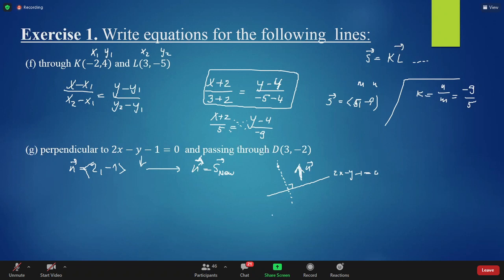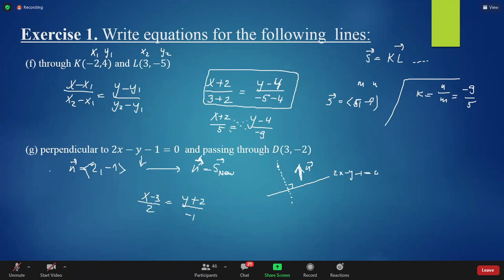So I can have x minus 3, y plus 2, and using the direction now, 2 and minus 1. I can do it like this and then transform. So the normal vector for the given line is the direction for the perpendicular line. That would be one way of approaching this.